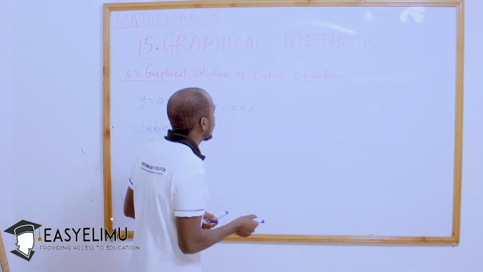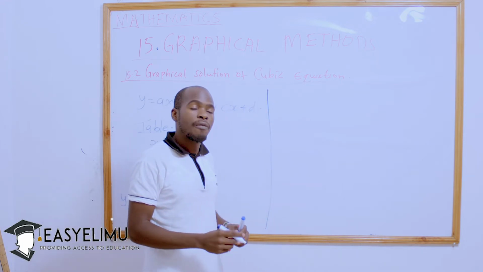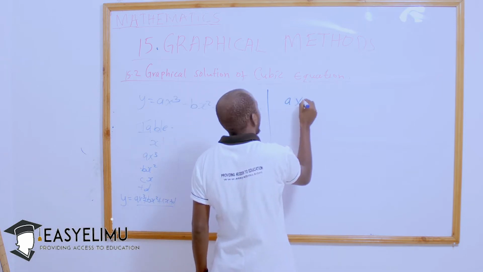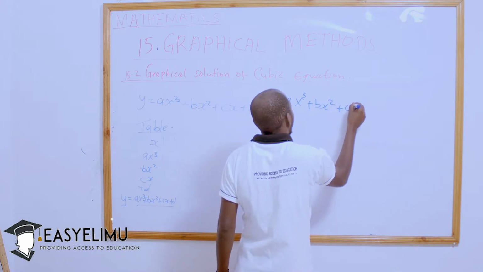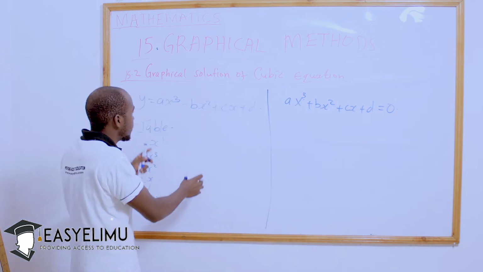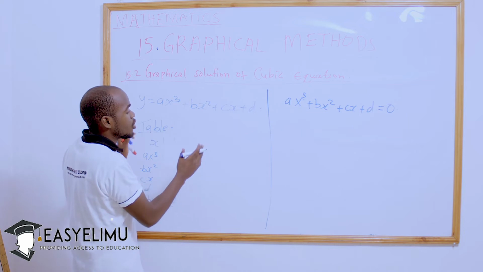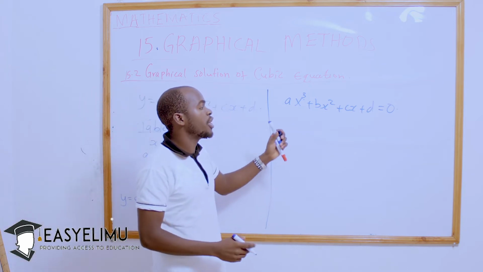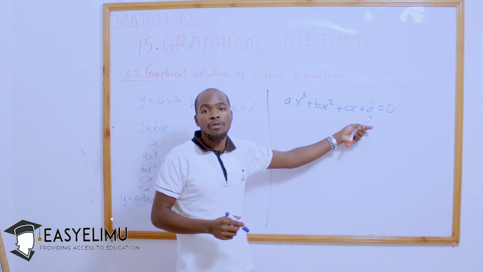So after construction of the graph, you may be given another kind of cubic function. For example, you may now be told to construct ax cubed plus bx squared plus cx plus d equals 0. Now you are given this kind of cubic function. After constructing the graph, they are telling you to use that one to solve this kind of equation.